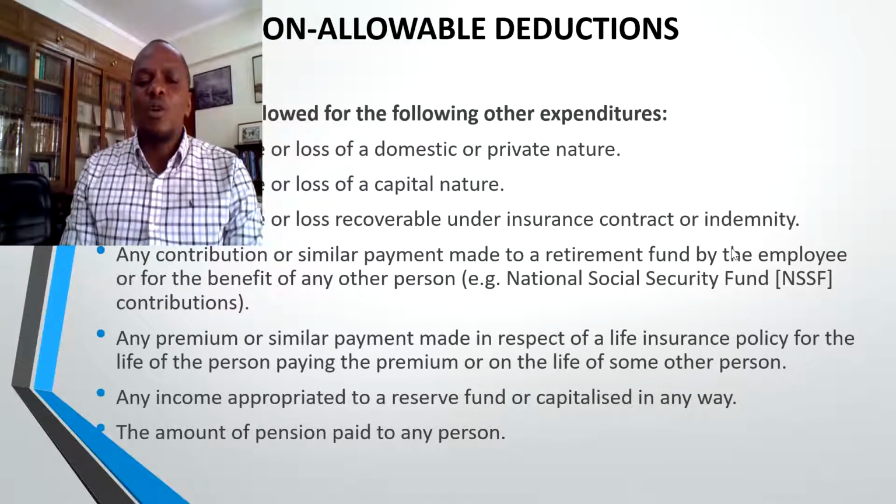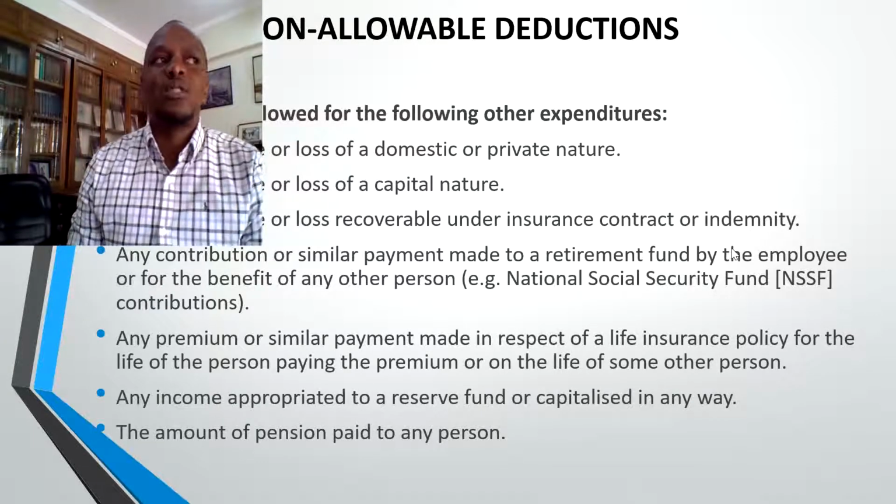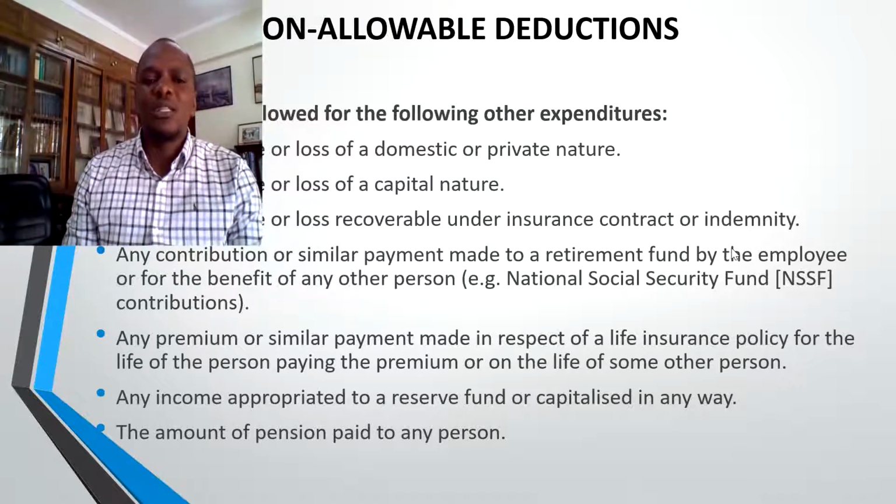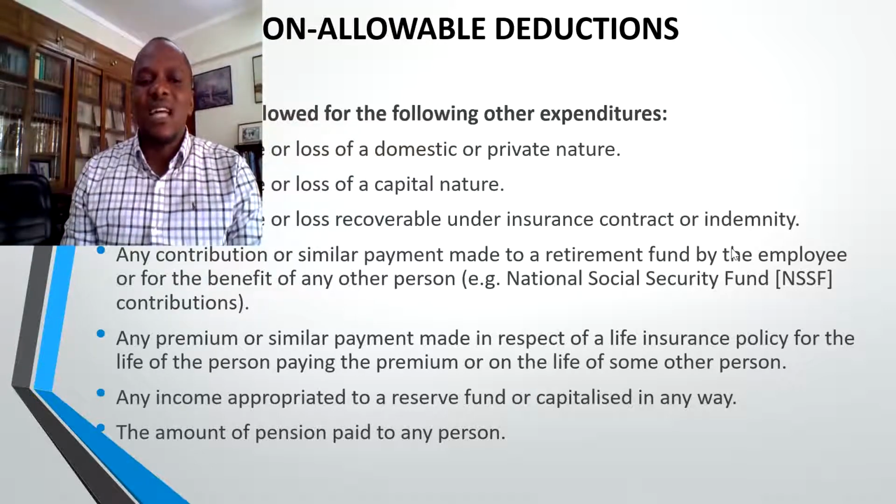Then any contribution or similar payment made to a retirement fund by the employee or for the benefit of any other person, e.g., National Social Security Fund contributions. So NSSF contributions are not allowed as deductions for tax purposes.